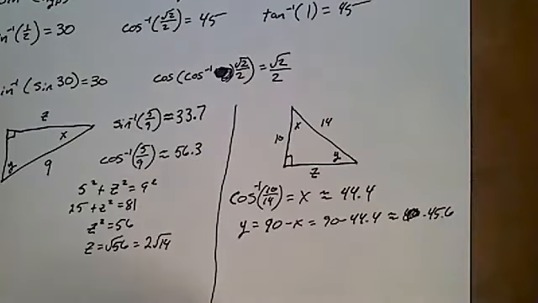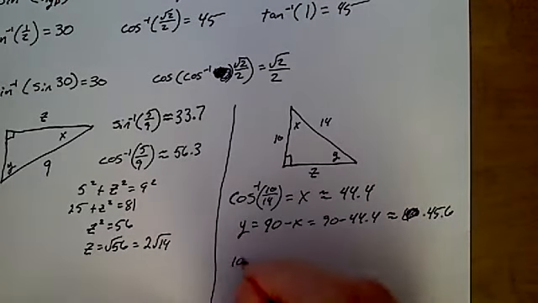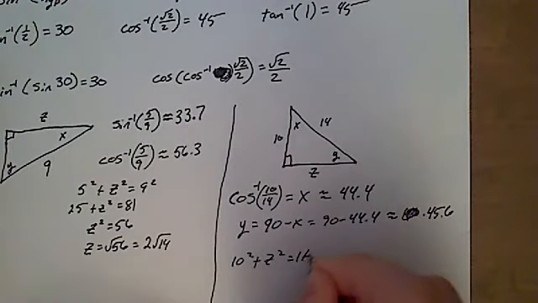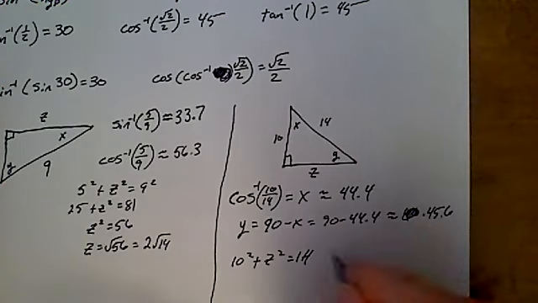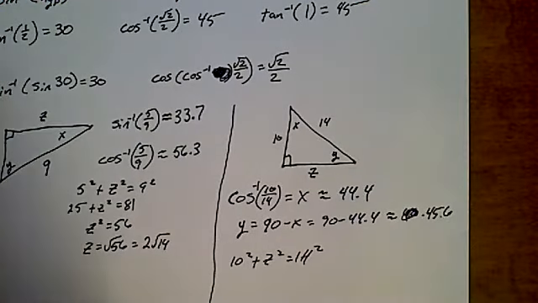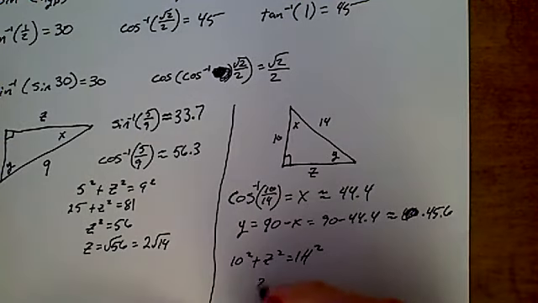And then lastly, finding z. 10 squared plus z squared is 14 squared. So we get z squared is 96.